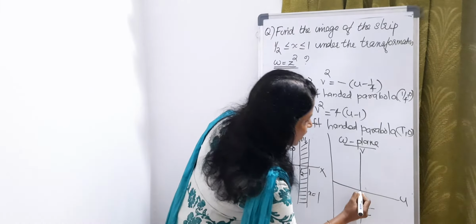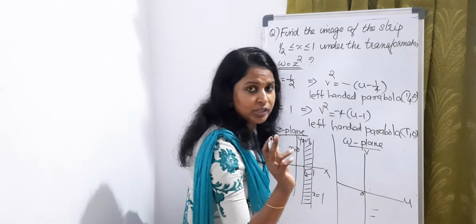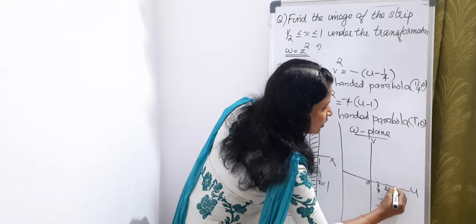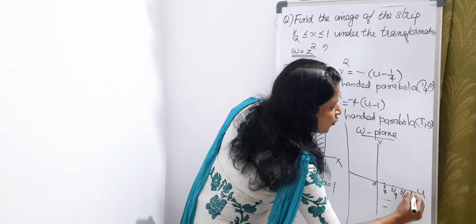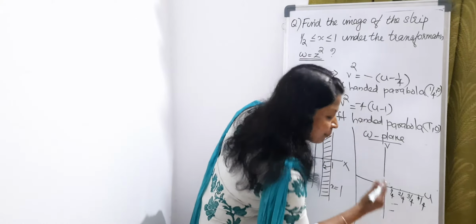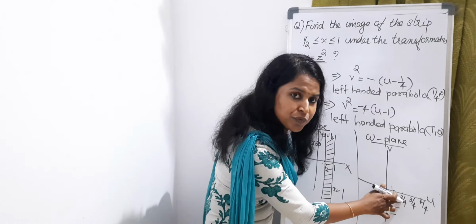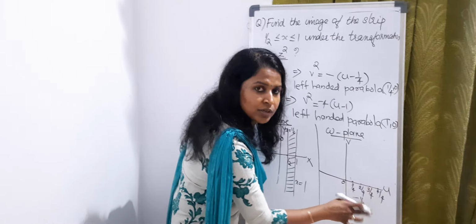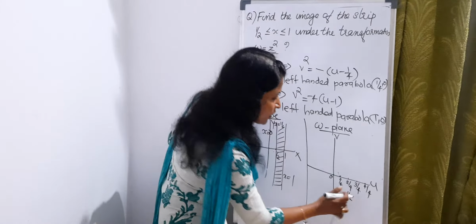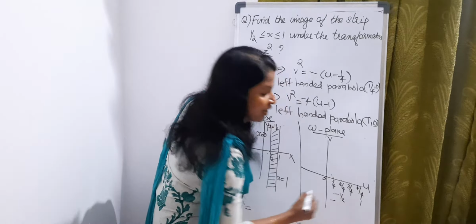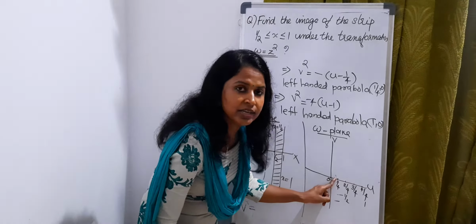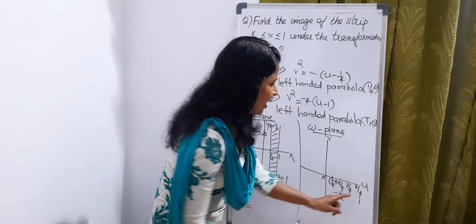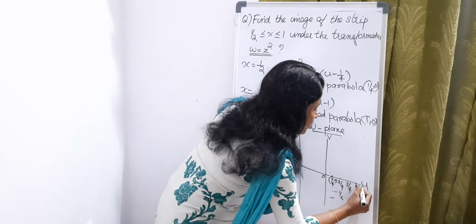Here this is the origin, this point is 1/4, this is 2/4 which is 1/2, then 3/4, and 4/4 is 1. So one point is (1/4, 0) and the other is (1, 0).